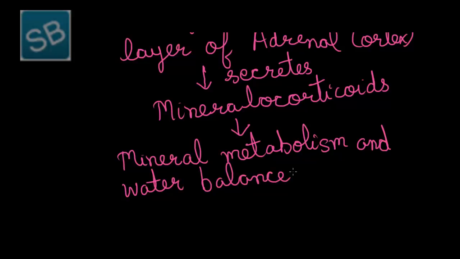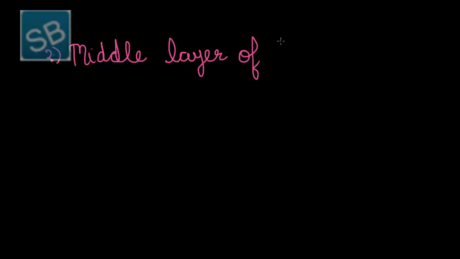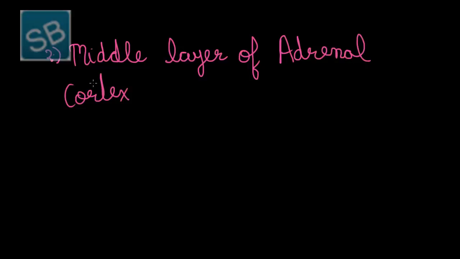The second layer that comes is the middle layer, zona fasciculata. That is the middle layer of adrenal cortex, called zona fasciculata.